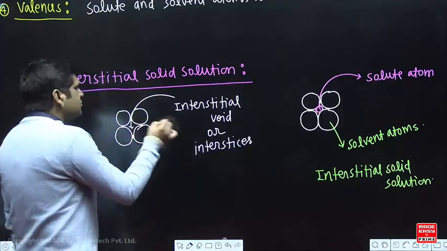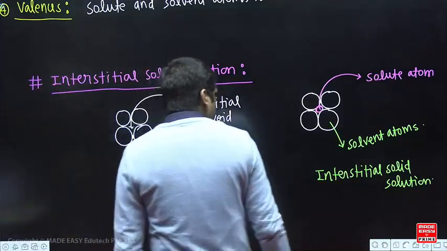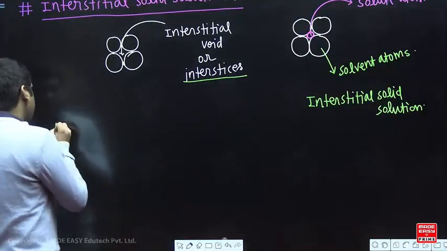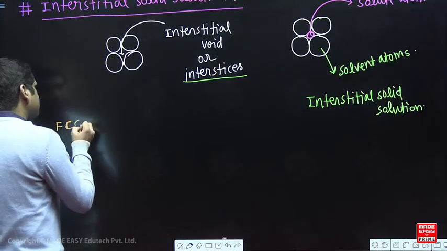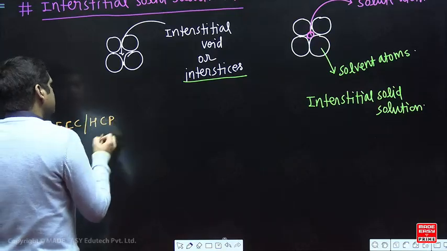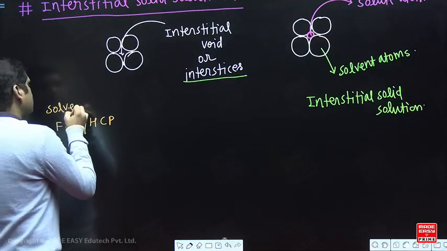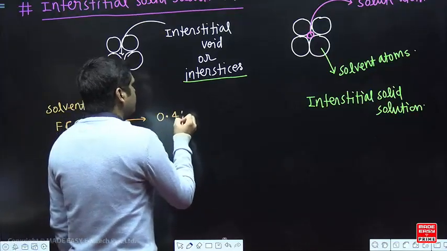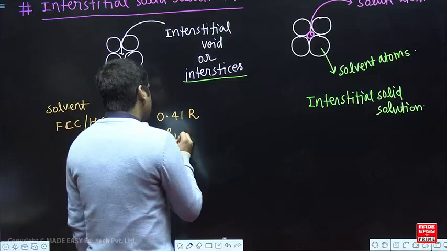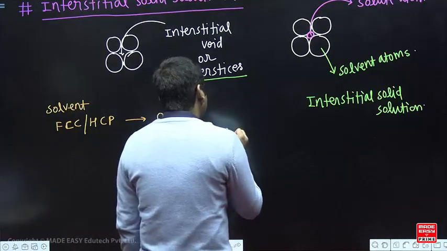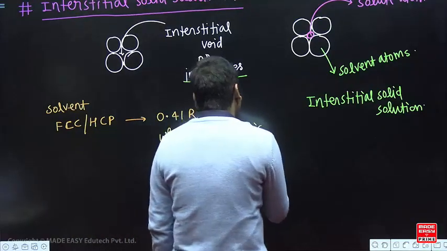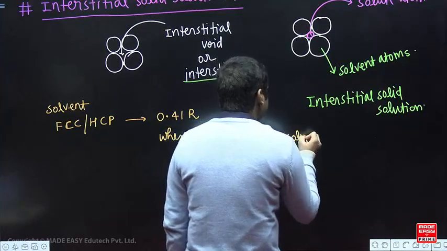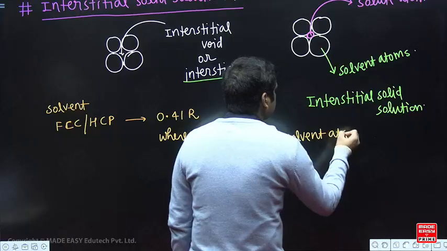Also the size of this interstitial void is greater in FCC and HCP. If solvent has FCC or HCP structure, ये solvent के लिए मैं कह रहा हूँ, then the size of void is 0.41 R, where R is atomic radius of solvent atoms.